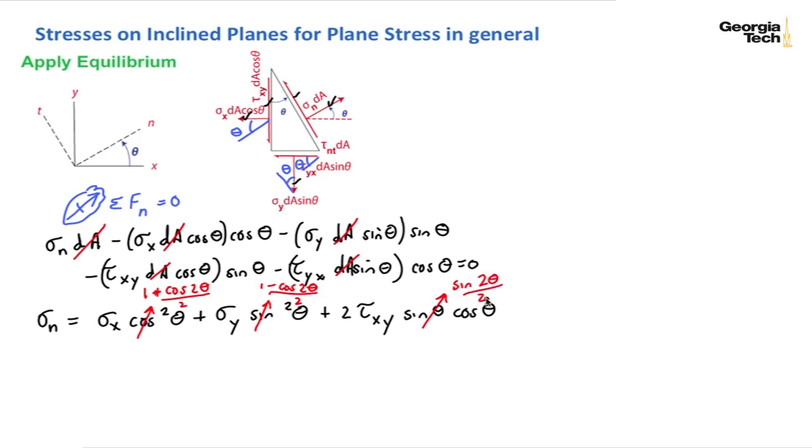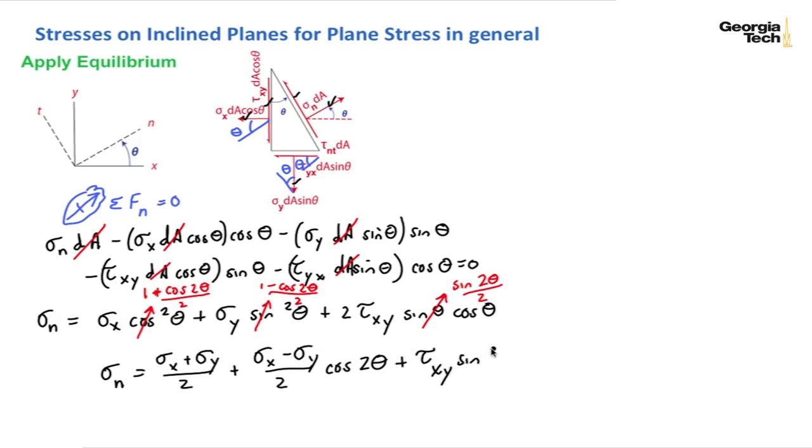If we simplify that down, sigma n, the normal stress on the inclined surface, is equal to sigma sub x plus sigma sub y over 2, plus sigma sub x minus sigma sub y over 2 times cosine 2 theta, plus tau xy sine 2 theta.